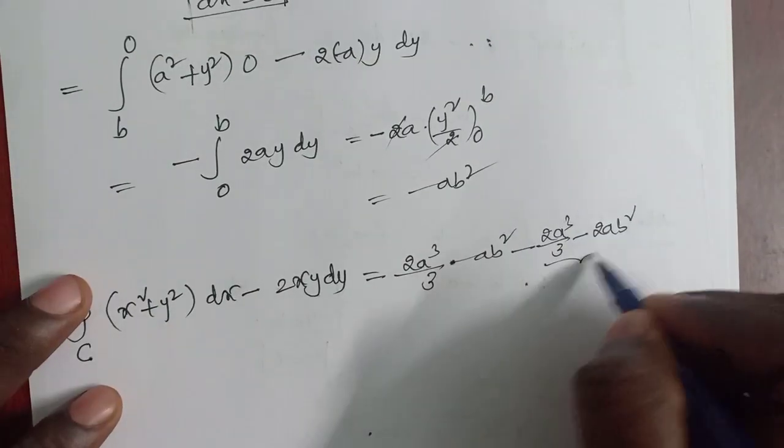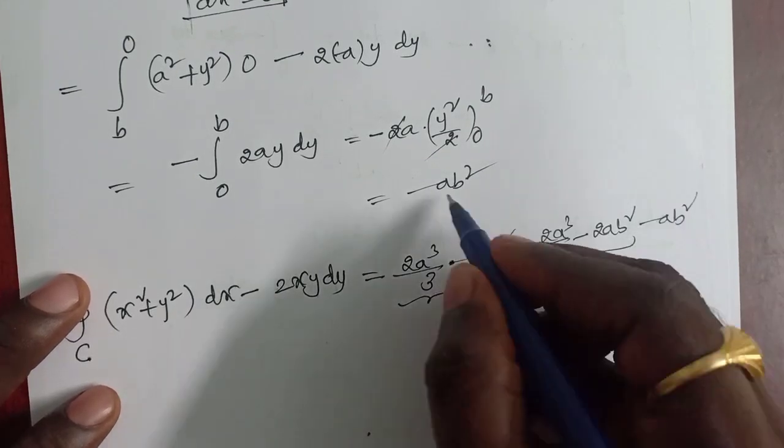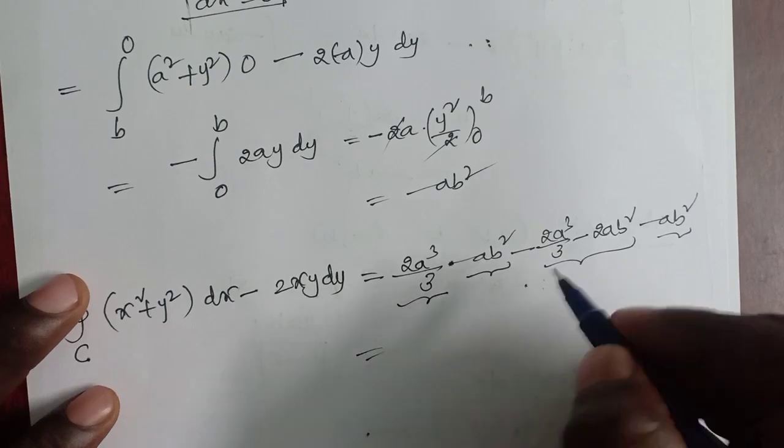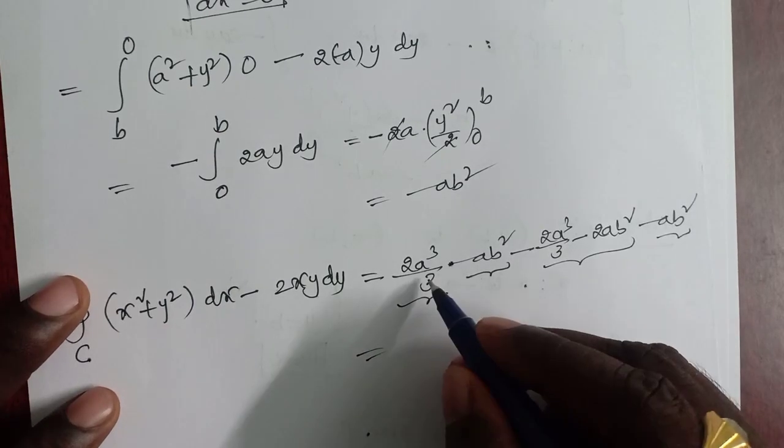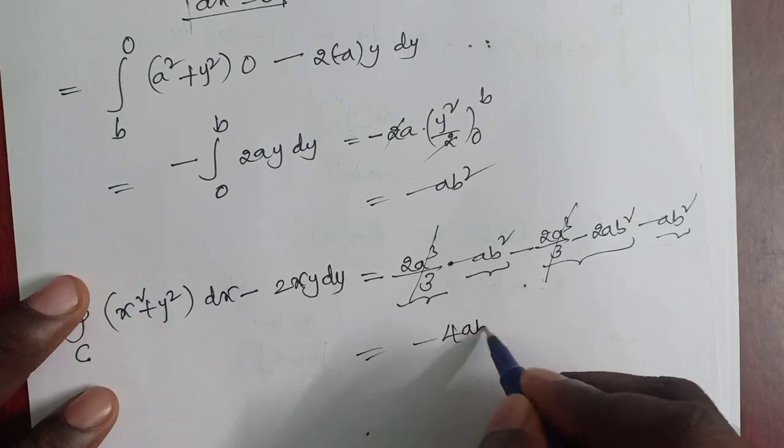This is the third one, this is the second one, this is the first one, and finally the fourth one is minus ab square. So 2a cube by 3 minus 2a cube by 3 gets cancelled. The final answer is minus 4ab square.